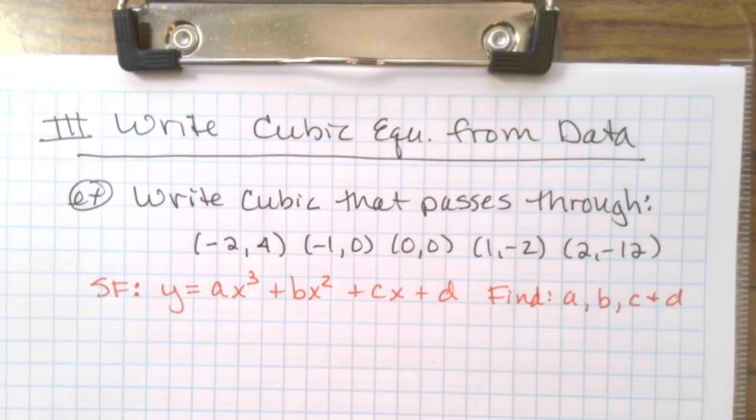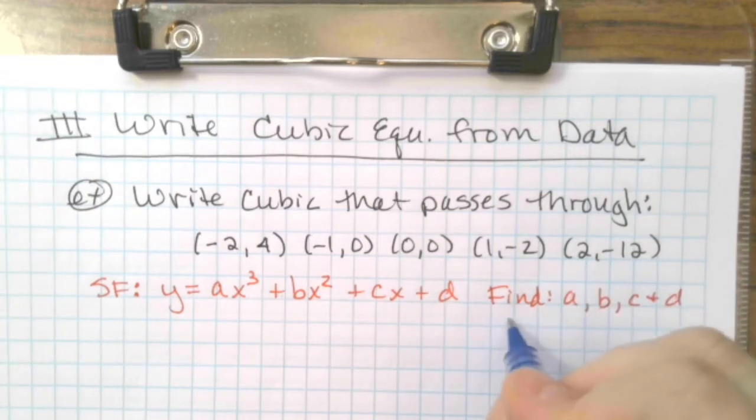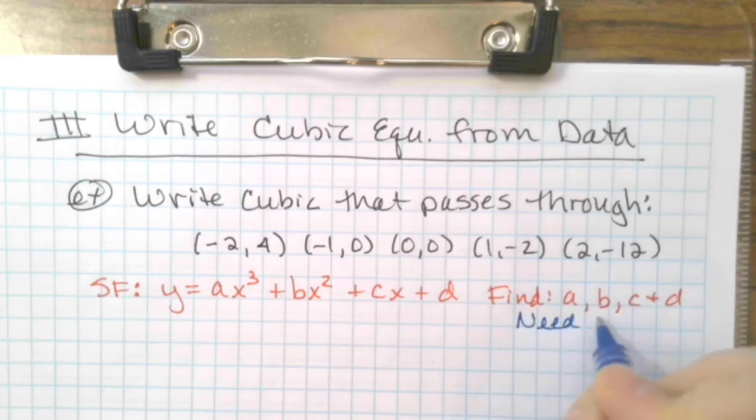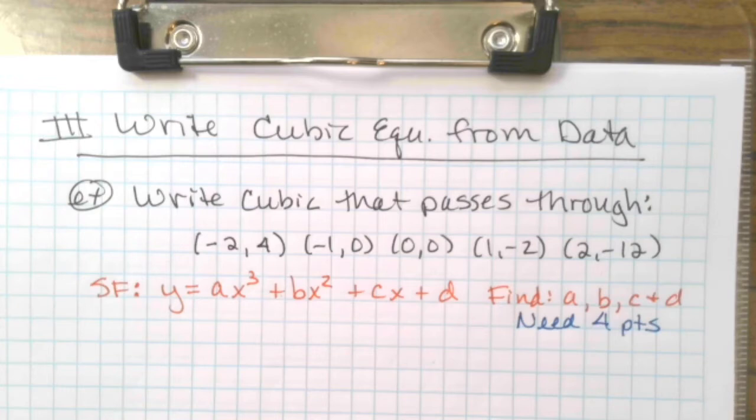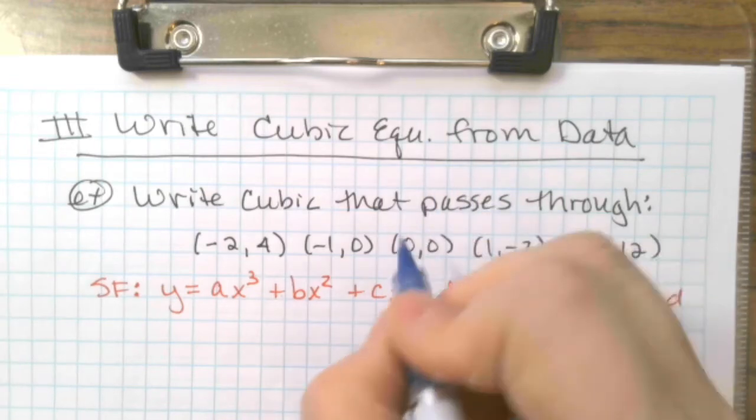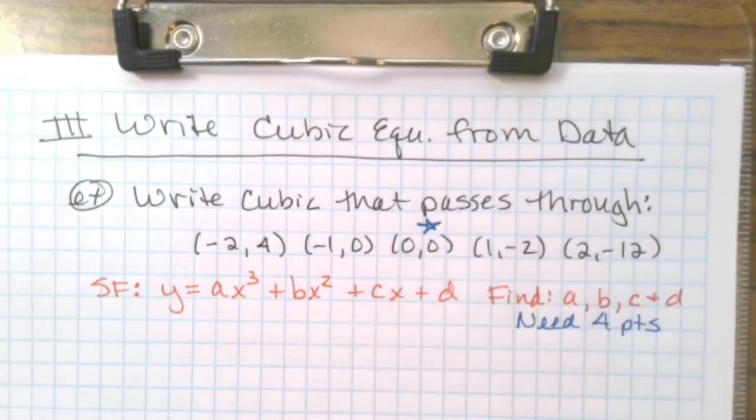Okay, so what you're going to do is there are 4 unknowns, so you need 4 points. You need 4 points to figure out what this is going to look like. Now, you notice they gave you 5, so you get to pick your 4. A wise first choice is (0, 0), and I'll show you why.